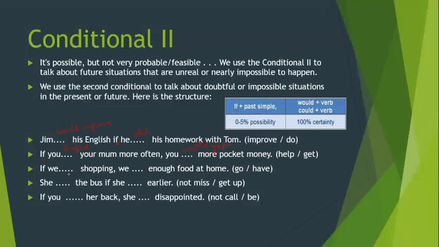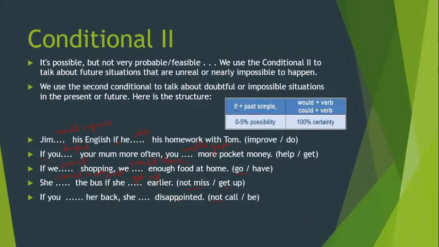Next, go is the verb, past tense is went: if we went shopping, we would have enough food at home. Next, she would not miss the bus if she got up earlier.